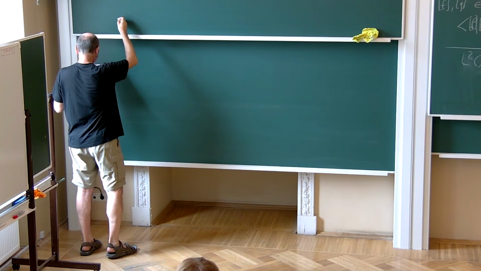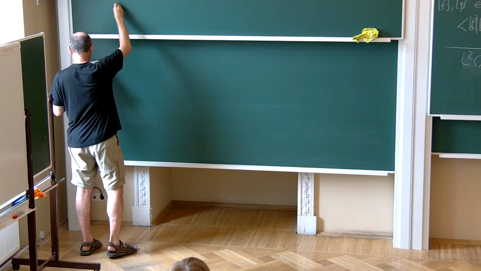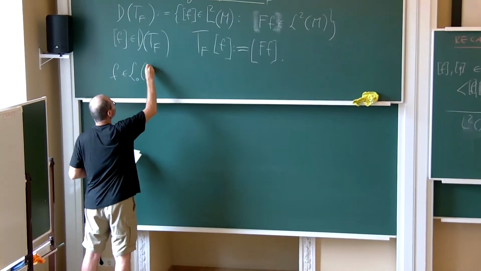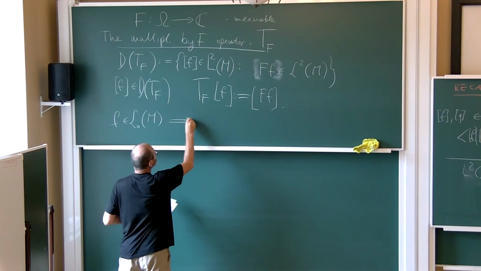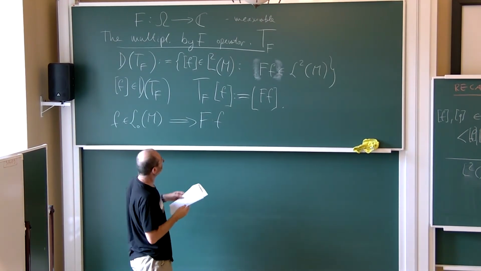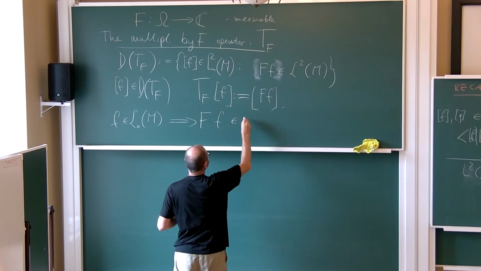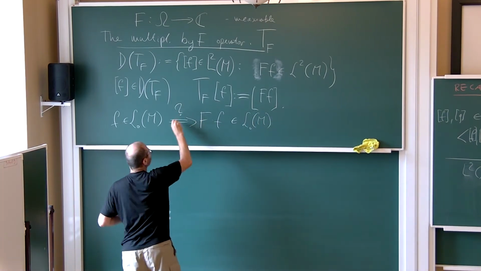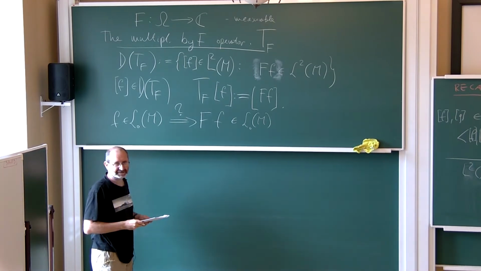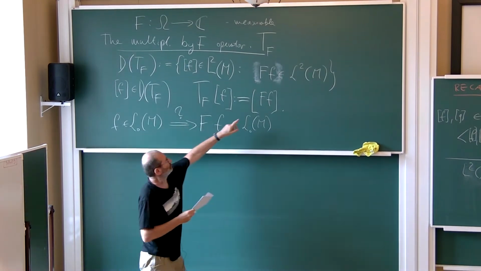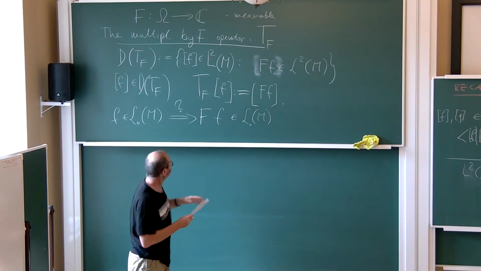It's enough just to check that when we take f from the zero layer, then F capital times small f also belongs to the zero layer. Yes, this is our question. If this is true, it's okay, by linearity of this multiplication on this level.